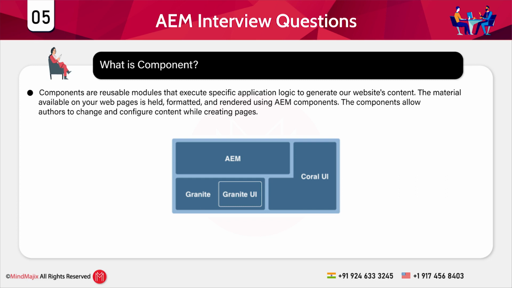These individual components can be reused in many websites. Once you create a component, you can use the same component in multiple websites. The material available on your web pages is held, formatted, and rendered using AEM components. The components allow authors to change and configure the content while creating pages.